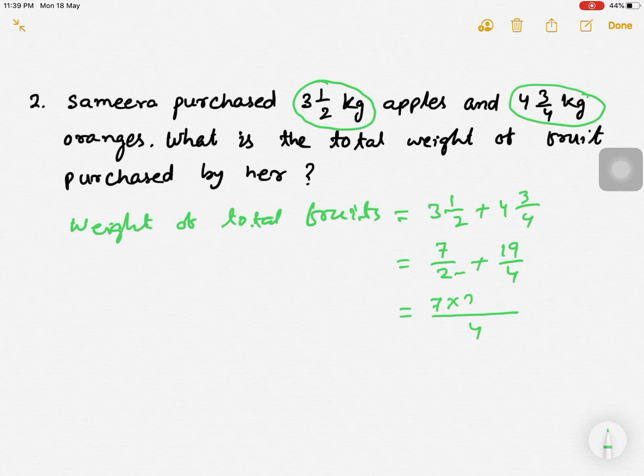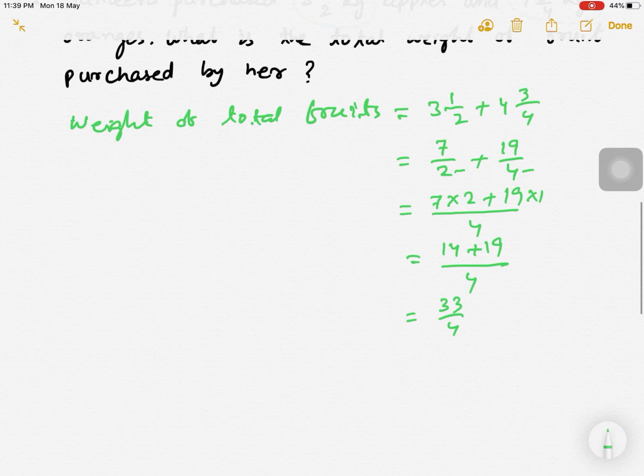It is 7 into 2 plus 4 divided by 4 is 1, so it is 19 into 1. And this gives 14 plus 19 by 4. Okay. And it gives 33 by 4. And again, if I convert it into mixed fraction, I have 8 whole 1 by 4 kg. So total weight of all fruits is 8 whole 1 by 4 kg.